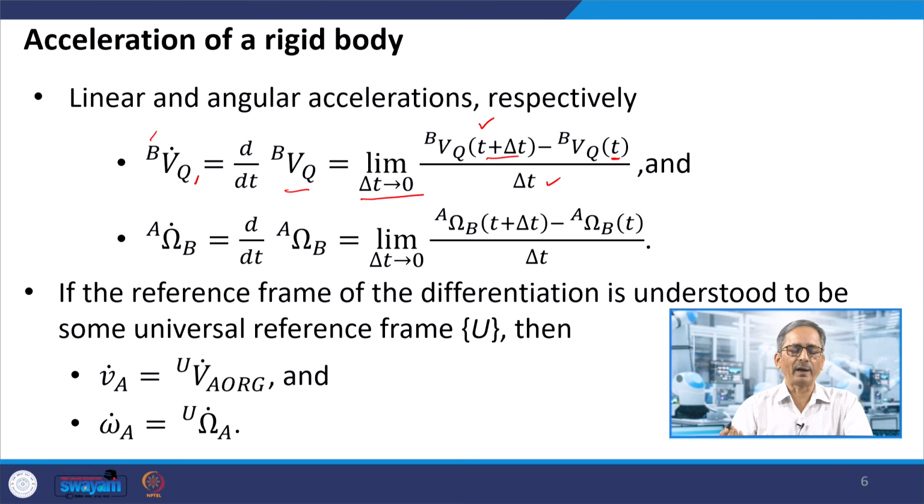Similarly, I can define the angular acceleration. So this way my angular acceleration can be defined here.